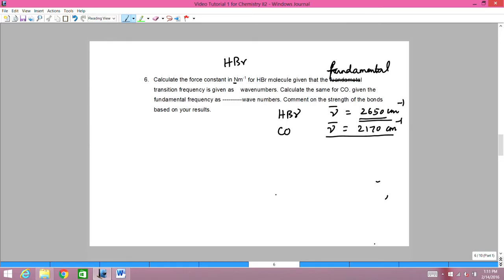And you are also asked to calculate on the strength of the bonds based on your result. Okay.